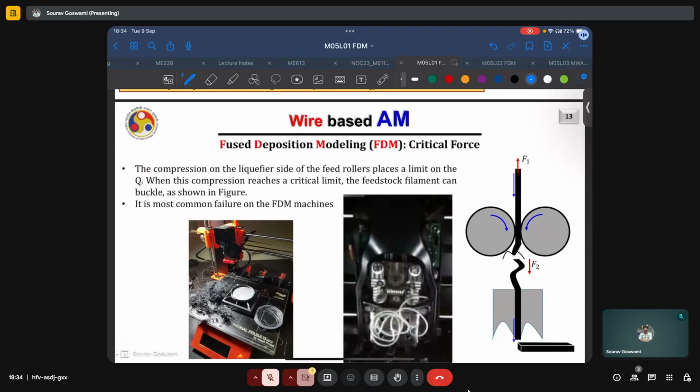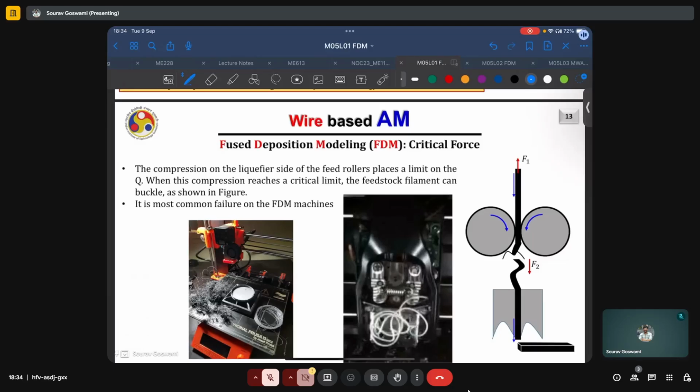Now, we mentioned that the filament below the rollers is in a state of compression, and because it is a filament-like material, it can also buckle, similar to the buckling phenomenon which we studied for columns.